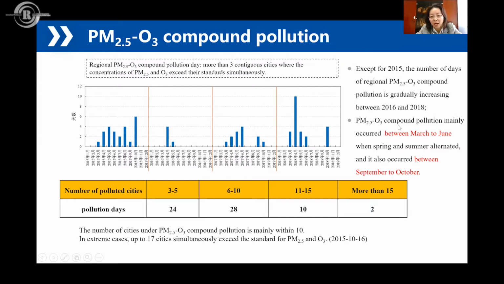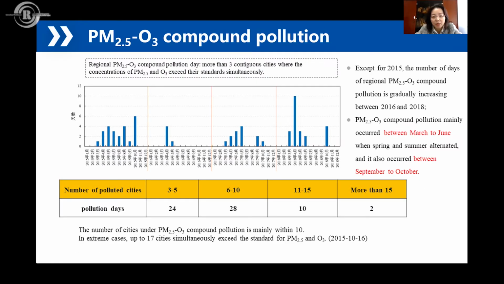During not very good weather conditions, usually three contiguous cities can exceed the standard for PM2.5 and ozone simultaneously. We calculated the relevant data, and except for 2015, the number of days of PM2.5 and ozone compound pollution has gradually increased.